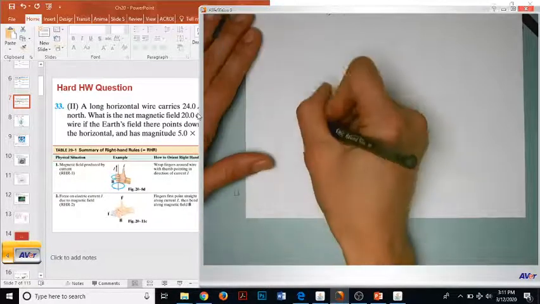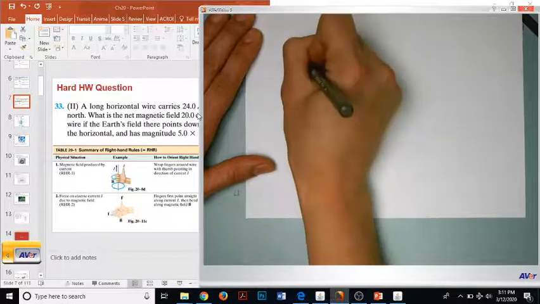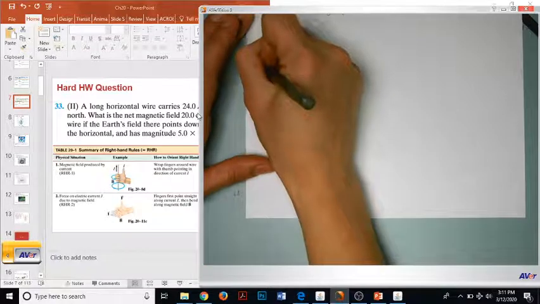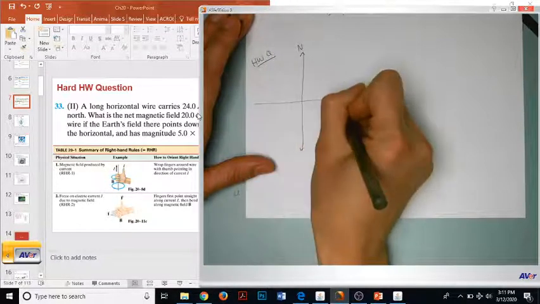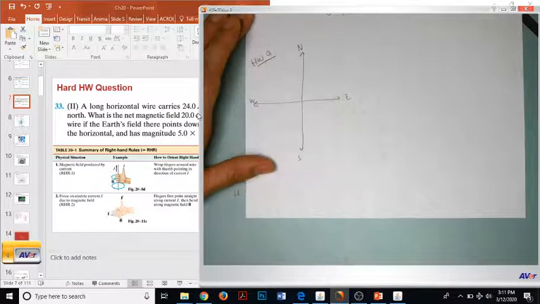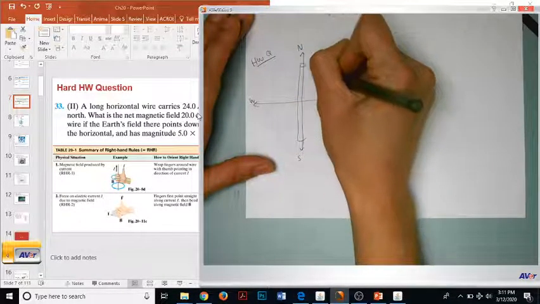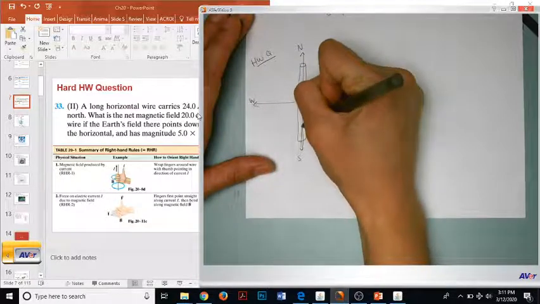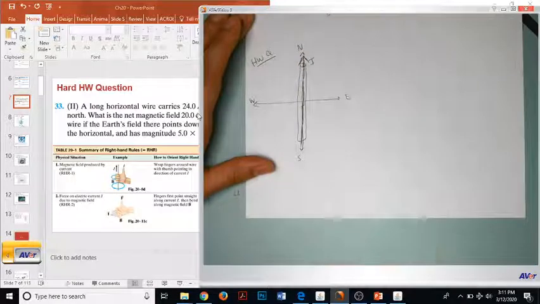So this is the homework question. I'll make north, east, south, and west. And I see that I have a current in a wire going due north. So let's draw that. That's what it looks like.